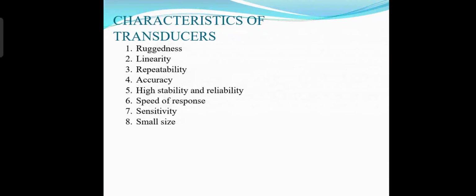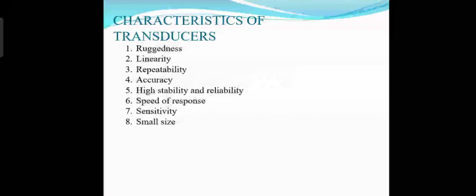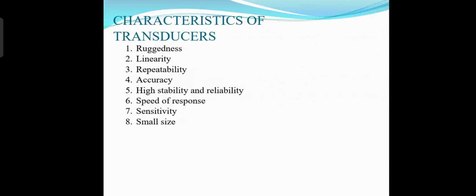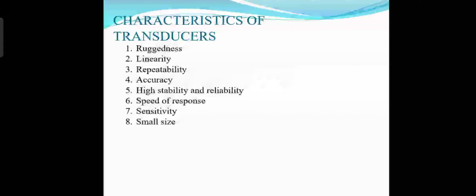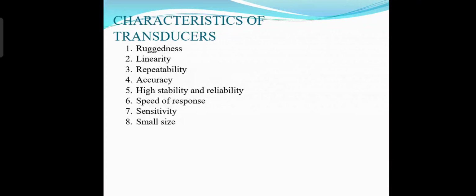The next one is high stability and reliability. This plays a vital role in the characteristics of the transducer. That means the output of the transducer should be highly stable and reliable so that there will be minimum error in the measurement.